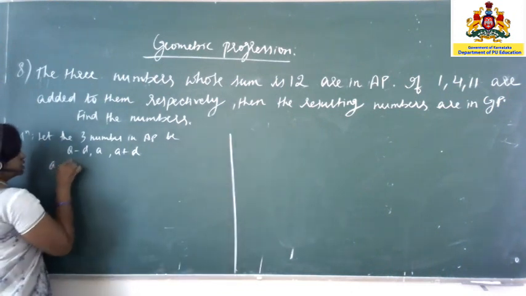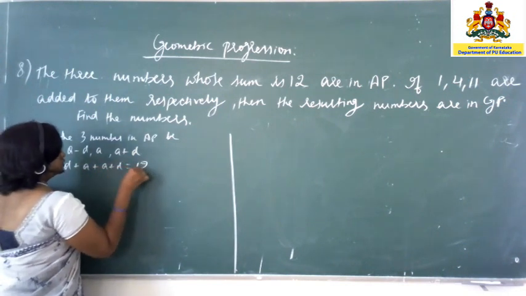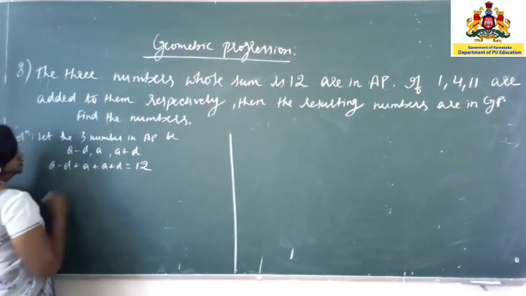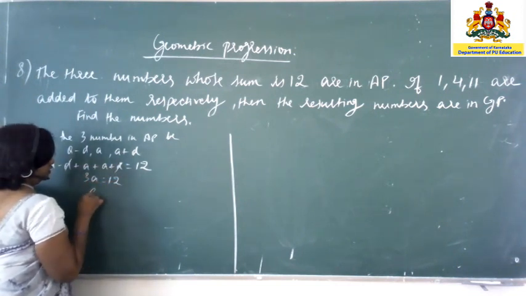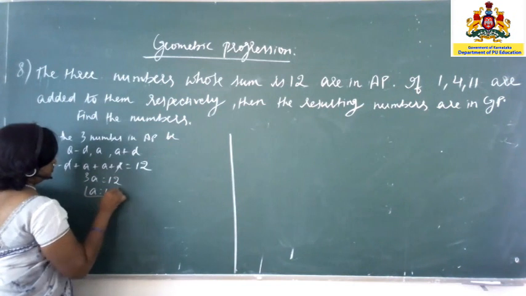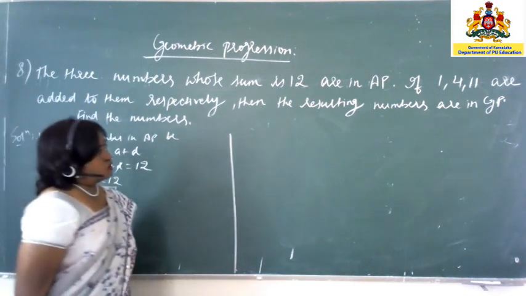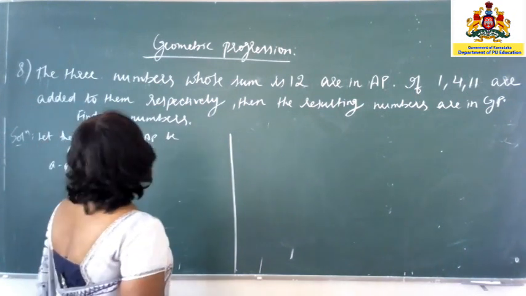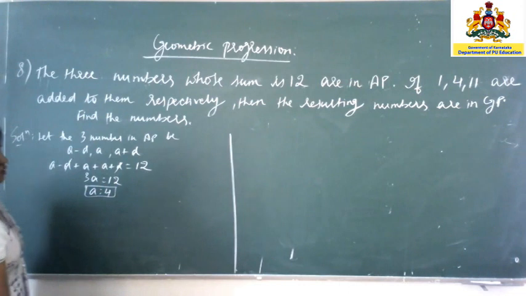So a minus d plus a plus a plus d is equal to 12. So d will get cancelled. 3a is equal to 12. a is equal to 4. And the next thing they have asked is if 1, 4, 11 are added to them respectively, then the resulting numbers are in GP.